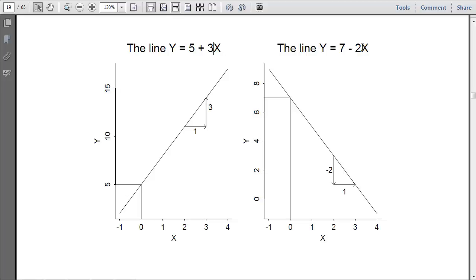Another example, y equals 7 minus 2x. Set x equal to 0, then y equals 7. So x equals 0, y equals 7. That is the y-intercept. And then the coefficient in front of x is minus 2. So for every unit increase in x, we expect y to decrease by 2 units.